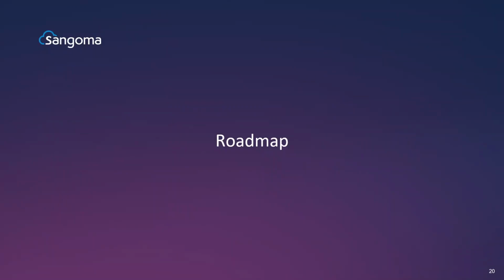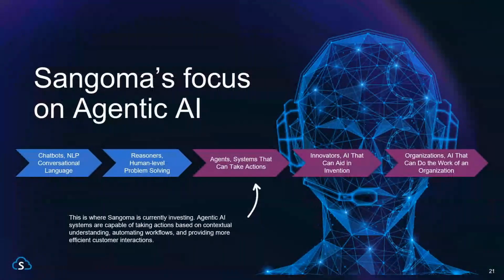The roadmap. So what's Sangoma thinking about in the future? We're not going to go into specifics. The organization is going on a certain path, and the path looks a little bit like this. So where are we investing? The one key thing is agentic AI.